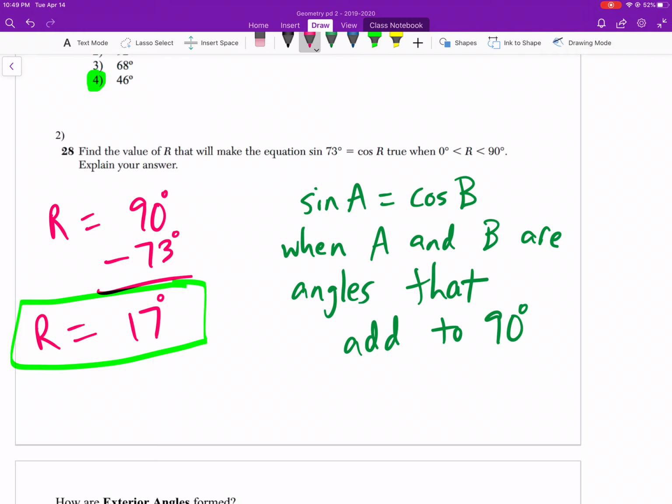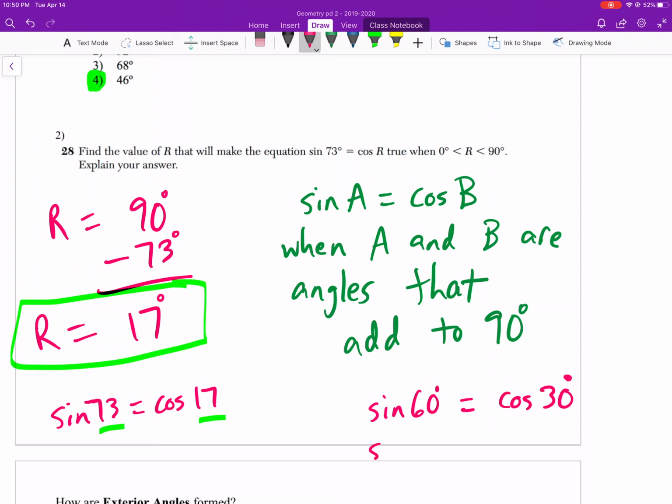So sine of 73 here is equal to cosine of 17. Any combination of 2 angles that add to 90 degrees works. Another way that could look, though it's not part of your answer here: sine of 60 degrees is equal to cosine of 30. Sine of 15 is equal to cosine of 75. So sine and cosine are equal for any combination of 2 angles that add to 90 degrees, that are complementary angles.